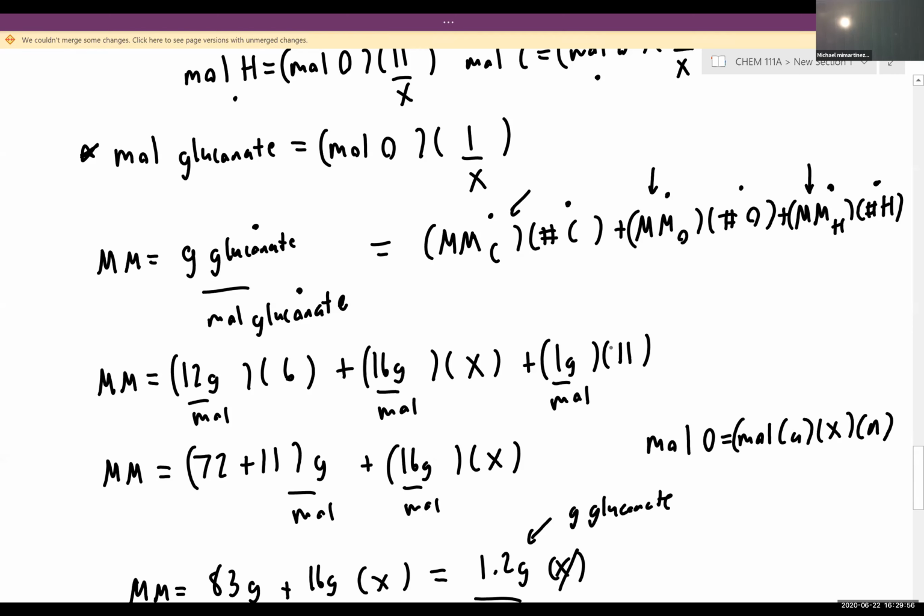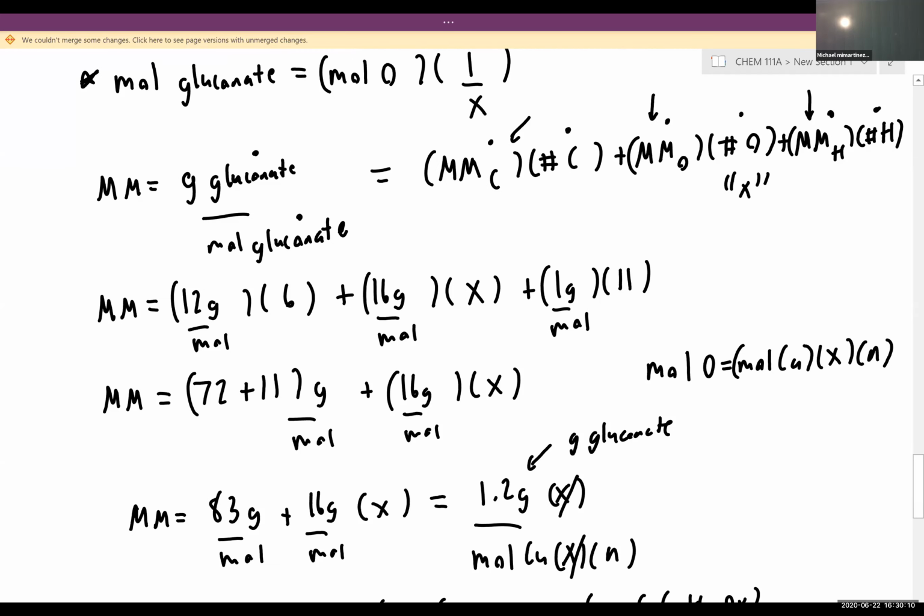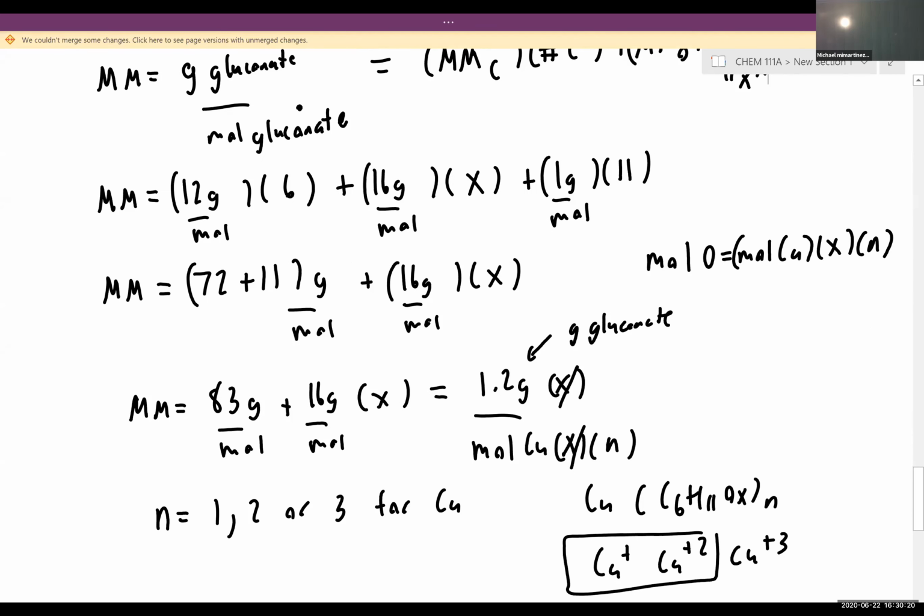Now, the number of oxygen atoms in gluconate is represented by X. So we have this expression where our molar mass is equal to 72 plus 11, which is 83 gram per mole, plus 16 gram per mole times X.